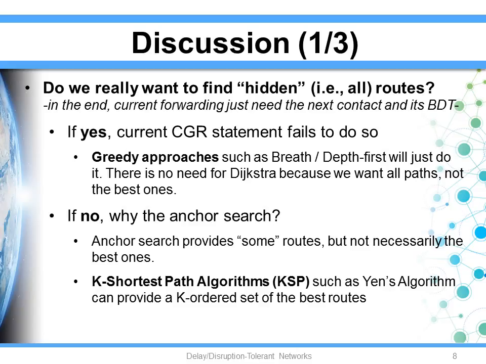So if we want to find only a few routes which are the best, then other formulations or algorithms such as K shortest path algorithms are more efficient. One implementation of this is Yen's algorithm, where you can provide a maximum number of best routes that you want to find in a given graph. This is a more appropriate approach, and indeed it uses Dijkstra because you need to get the best route out of a graph.